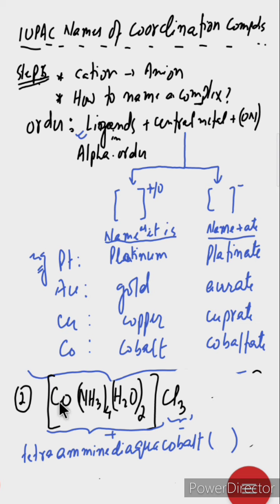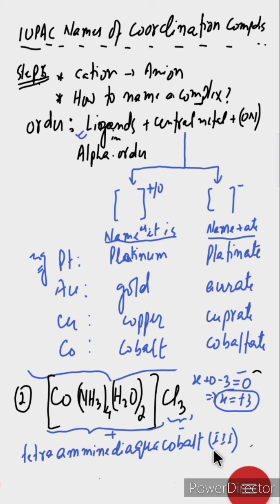The oxidation number of cobalt is X, ammonia is neutral, water is neutral, so 0. Cl has a negative sign, so -3, and this is equated to 0. So X is +3, and 3 must be written here.